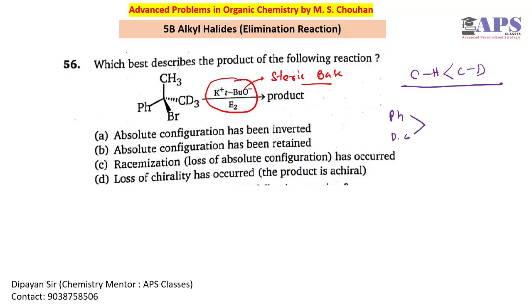We have CD3 double bond C, and this is not a chiral molecule because we don't have any chiral center here. Initially it is chiral, but it will lose its chirality after the elimination. So option D will be the correct option because no chiral center is present.